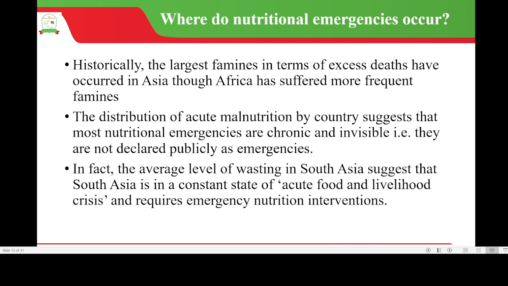The distribution of acute malnutrition by country suggests that most nutritional emergencies are chronic and invisible. That is, they are not declared publicly as emergencies. In fact, the average level of wasting in South Asia suggests that South Asia is in a constant state of acute food and livelihood crisis and requires emergency nutrition interventions.